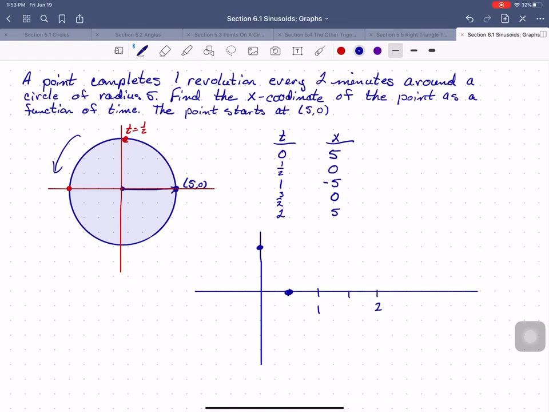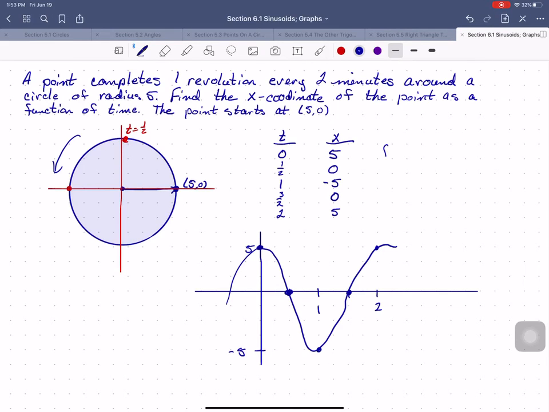At 1 minute, my x-coordinate is -5. At 1.5 minutes, my x-coordinate is again 0. At 2 minutes, my x-coordinate is 5. And if I sketch through these, the curve begins to look like this, right? Which looks like a cosine with amplitude 5, and that's what we expect.